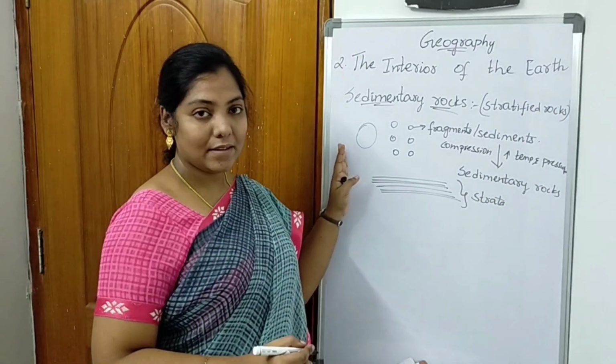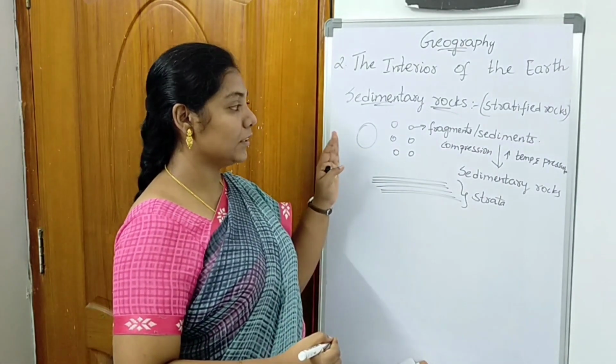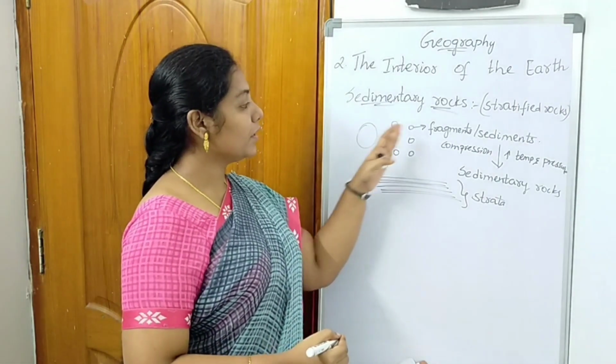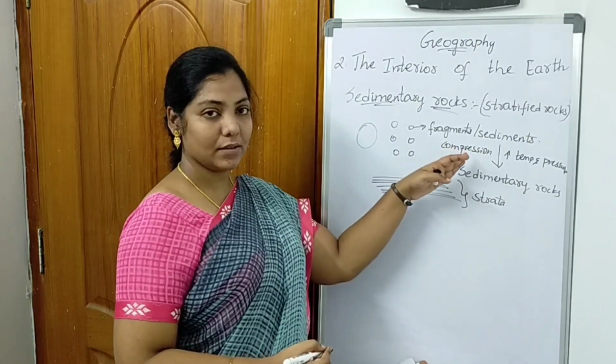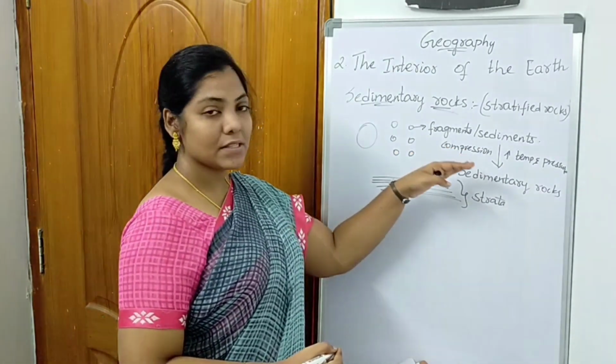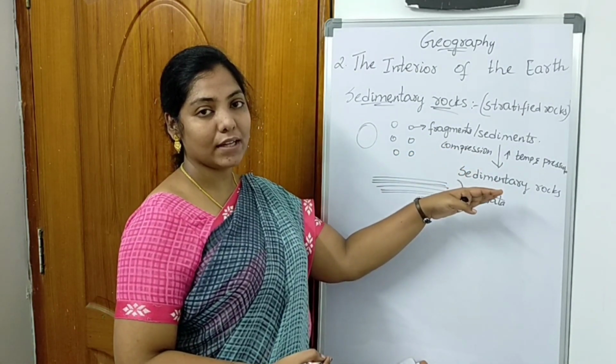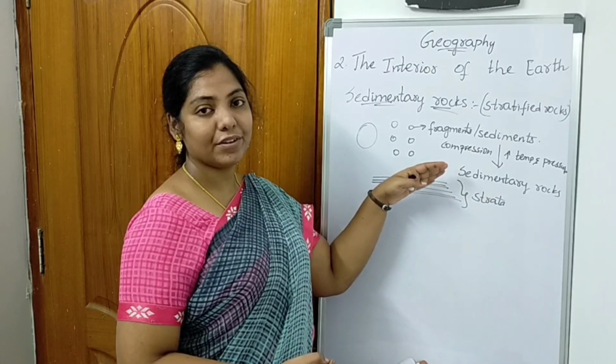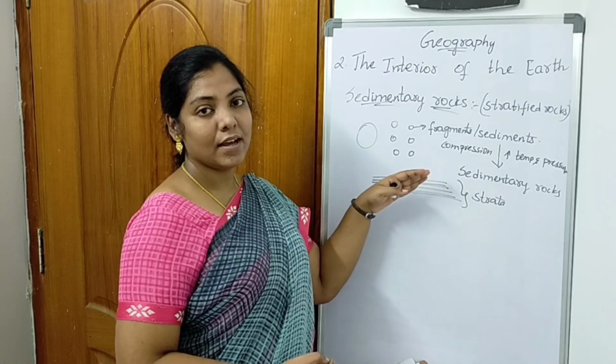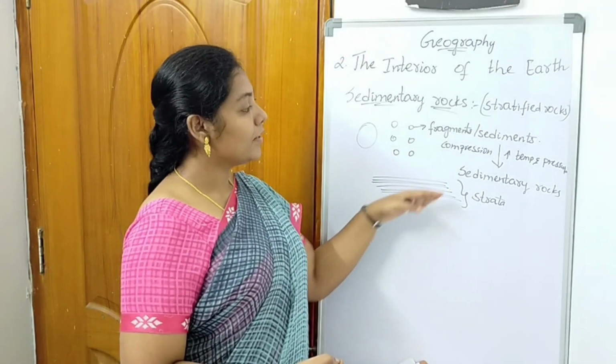So over time the rock that is formed is broken down into small fragments or sediments, and these sediments are transported from one place to another due to weathering, soil erosion, and by wind and air.